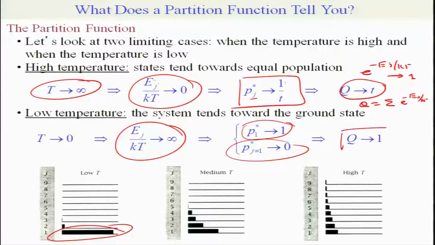In that case q is going to be just 1. There will be only one accessible level. So essentially it tells you that temperature is the only driving force by which you can populate the energy levels, and q represents basically the effective number of levels which are accessible.